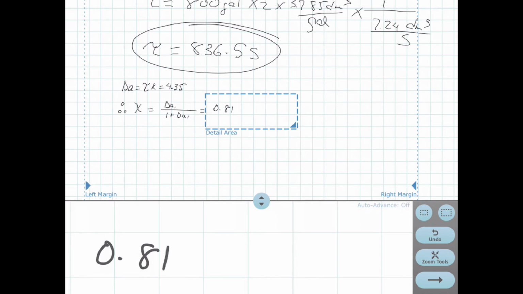So you can see that there's not a big change when we divide the flow into two CSTRs in parallel. The overall conversion was pretty much the same as the single CSTR. So now let's do the CSTRs in series to see if we can improve conversion for this reactor.